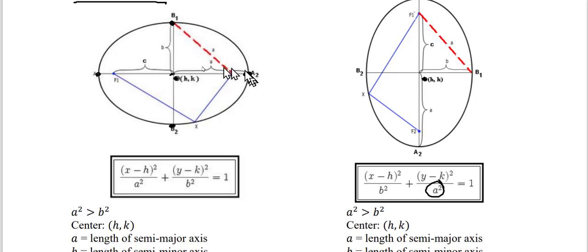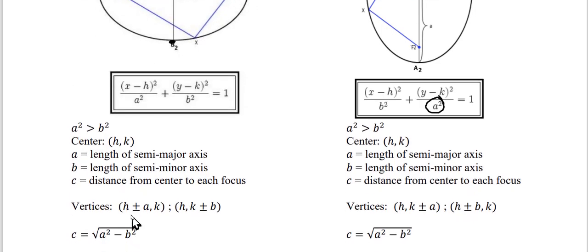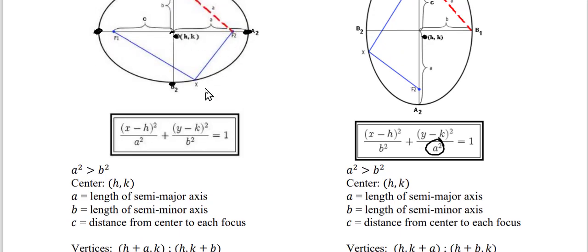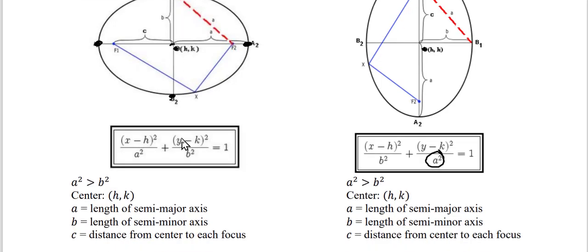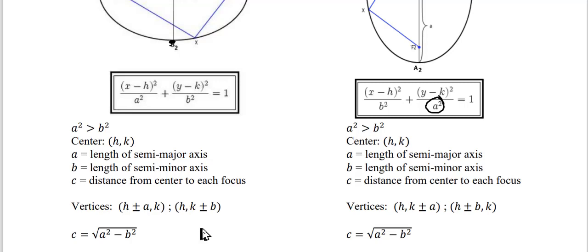That'll give you these 2 points, these a points out here. So that's this, h plus or minus a. The y value is the same. These b points come from taking the k, the y value, and adding b and subtracting b. So that's this. Again, don't memorize this. I think you can figure that out sort of logically.